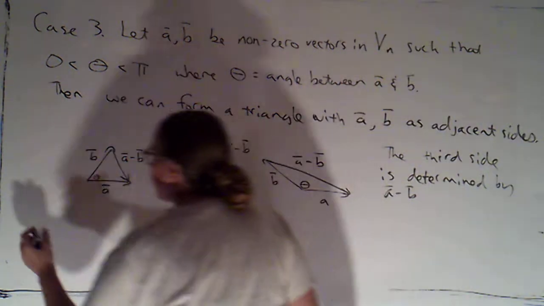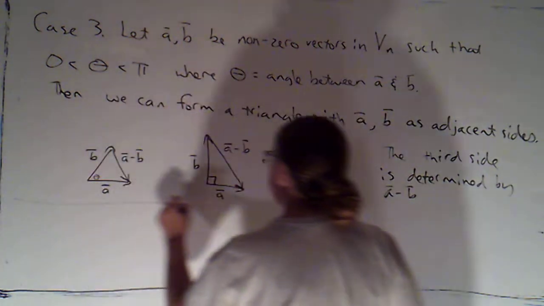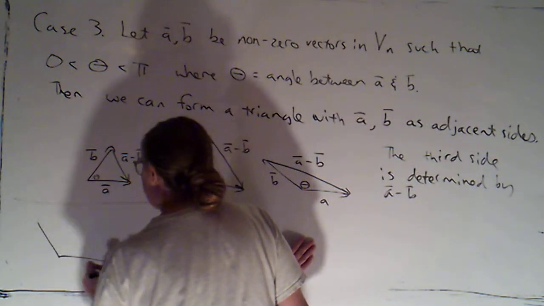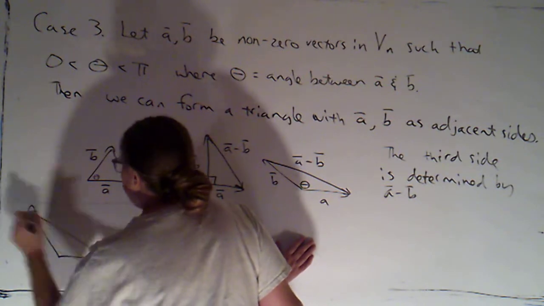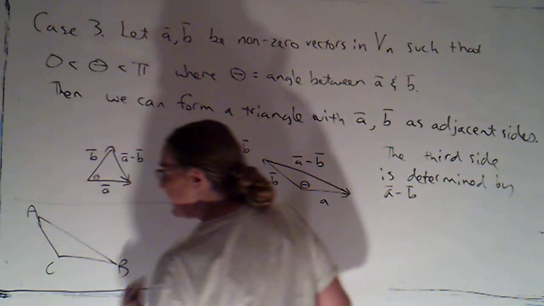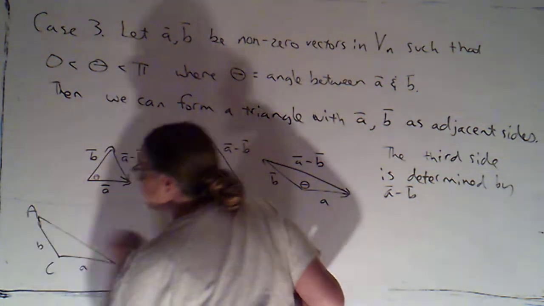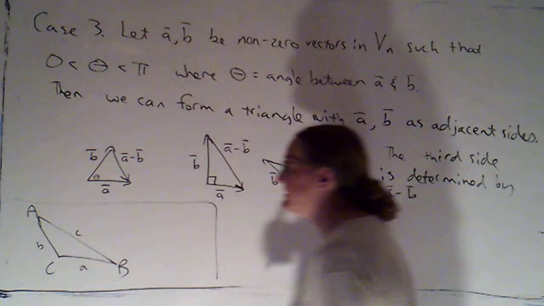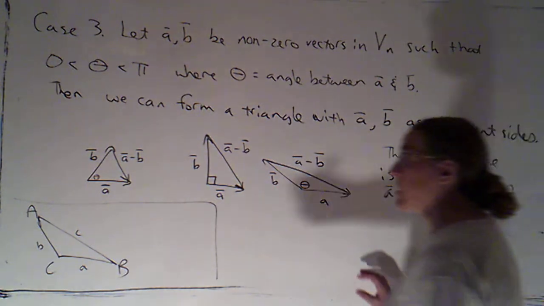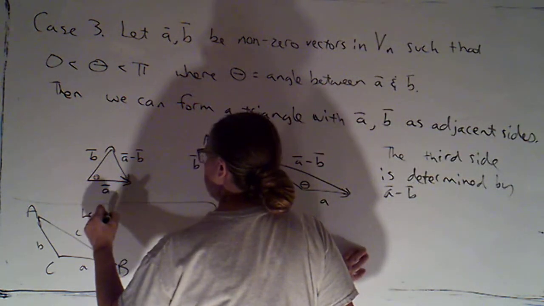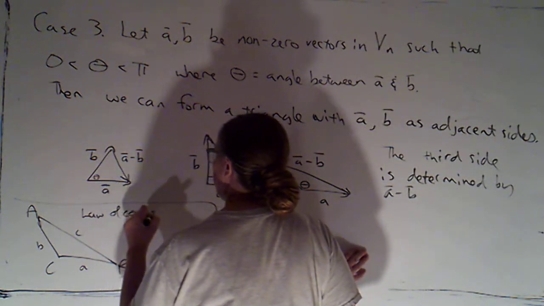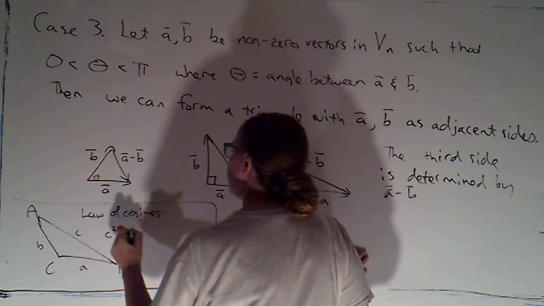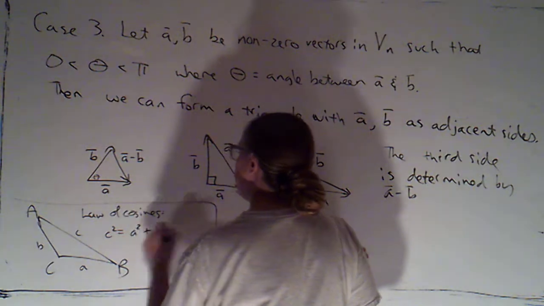I'm going to just remind you of what the law of cosines states in general. Okay. So if I have some triangle with angles A, B, and C, and I label the sides, opposite A is side A, opposite B is side B, and opposite C is side C. Okay. The law of cosines says that C squared, this length squared, is equal to A squared plus B squared.